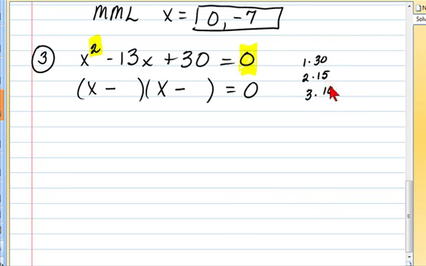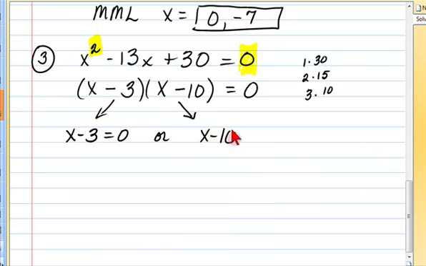Okay, so whatever it takes for you to get the pair, 3 and 10. Double check it in your mind, make sure that you have the correct factors. Now, you have factors equal to 0. You're ready for the zero factor property. That means that x minus 3 equals 0 or x minus 10 equals 0.